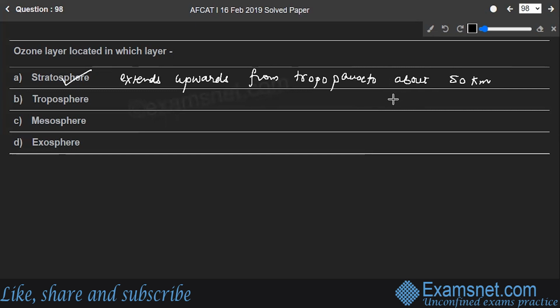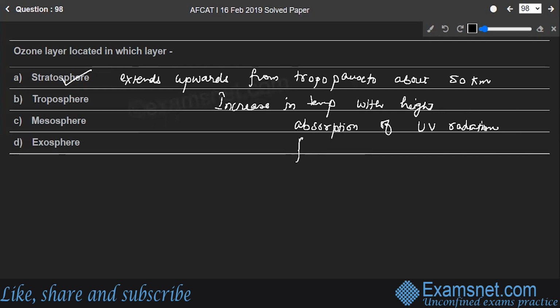The increase in temperature with height occurs because of the absorption of UV, that's ultraviolet radiation, from the sun by ozone, right?